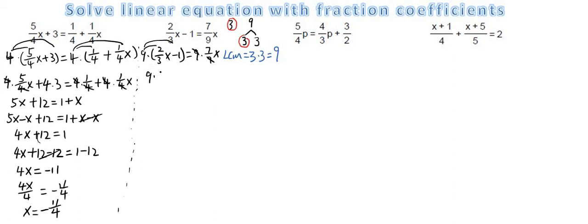So we have 9 times 2/3 x minus 9 times 1, 7x. And for the right hand side, 9 divided by 3 is 3. 3 times 2 is 6x.